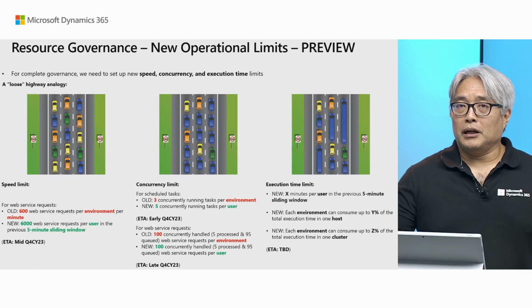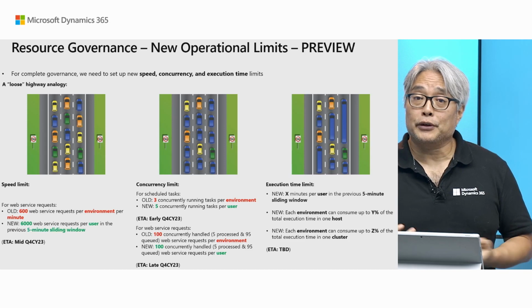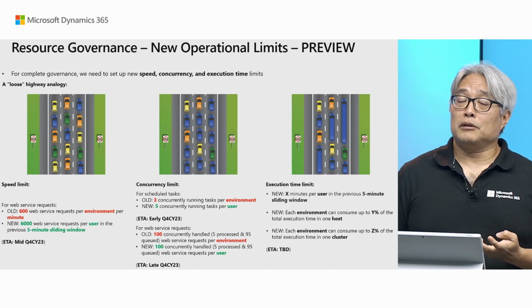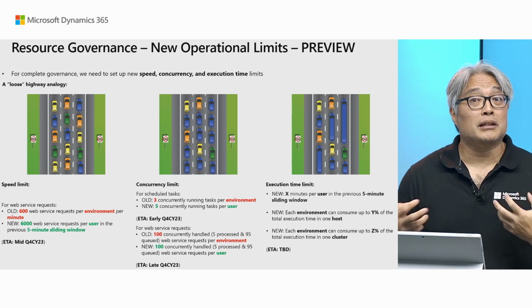Okay? And finally, in the future, you can expect the introduction of the execution time limit that I mentioned before. For example, if we have a server instance with 4 cores, in the 5-minute elapsed time of the sliding window, those 4 cores allow 4 times 5, which is 20 minutes of execution time.